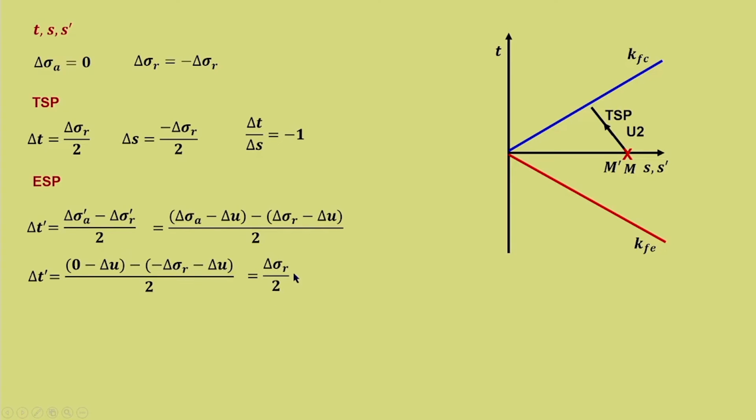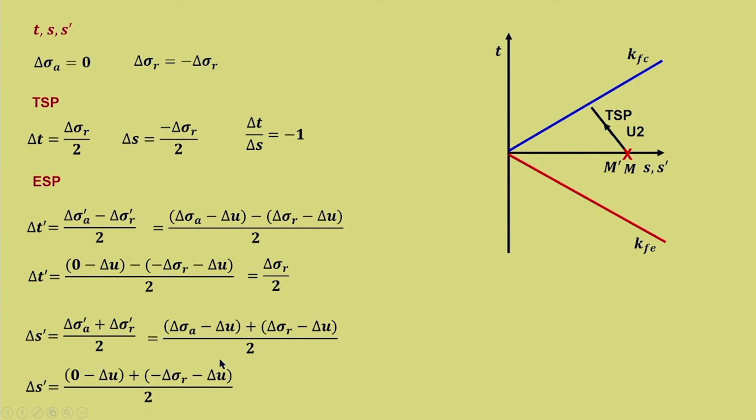So, delta T' is equal to delta sigma R by 2, and delta S' is equal to delta sigma A' plus delta sigma R' by 2. Substituting in terms of delta U, we have delta S' equal to 0 minus delta U plus, that is minus delta sigma R minus delta U by 2. So, that will give minus delta sigma R by 2 minus delta U. Substitute for delta U.